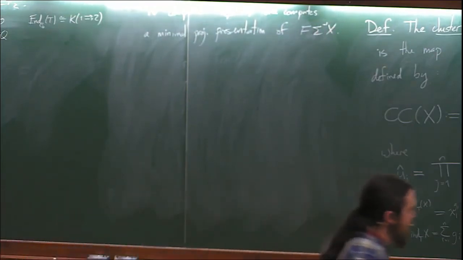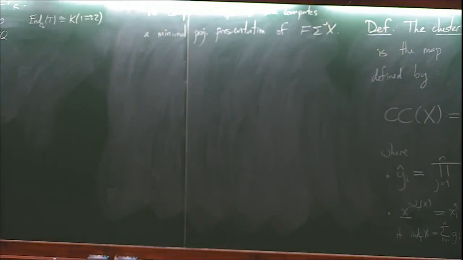And what is sigma minus 1 of X? Well, in the cluster category, the shift becomes equal to the Auslander-Reiten translation. And the Auslander-Reiten translation is going once to the left. So the inverse of the shift, if this is X, then this is going to be sigma minus 1 of X here.